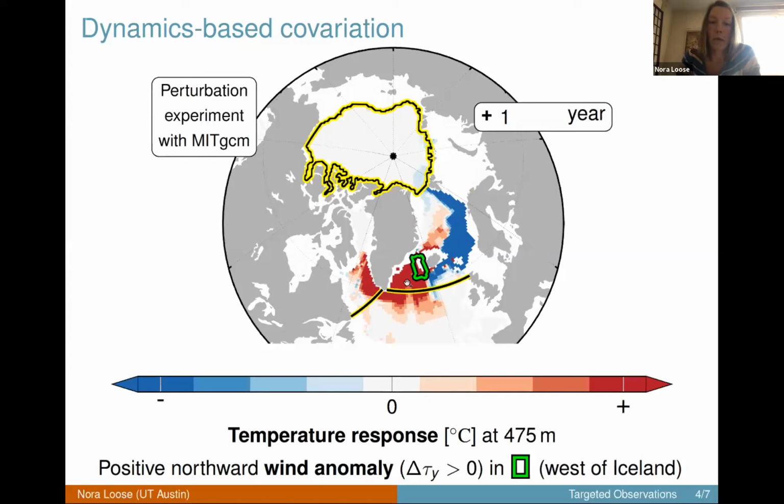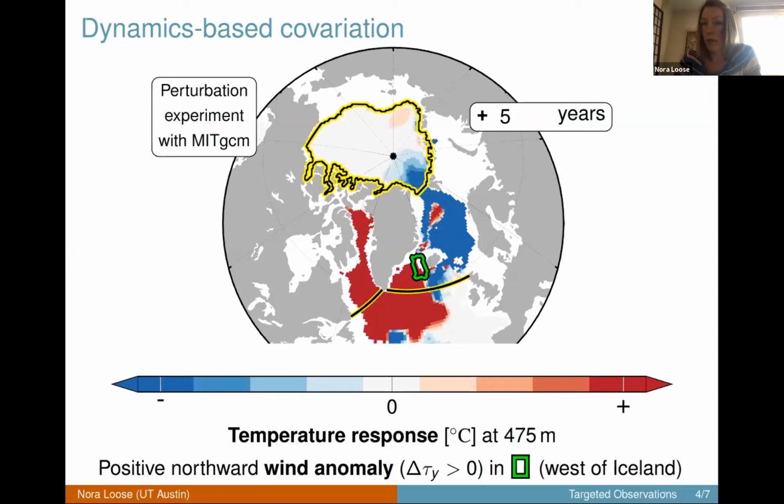We see a warm temperature anomaly propagating toward the Labrador Sea because of a weakened cold East Greenland current. At the same time, there is a cold temperature anomaly propagating into Nordic seas because of a weakened warm Norwegian Atlantic current. This cold anomaly eventually also propagates into the Arctic Ocean.